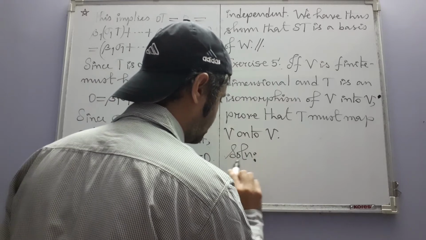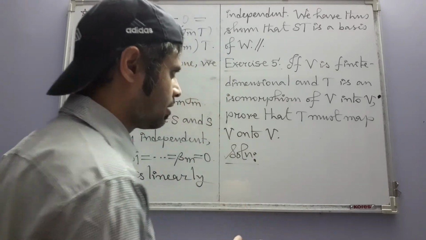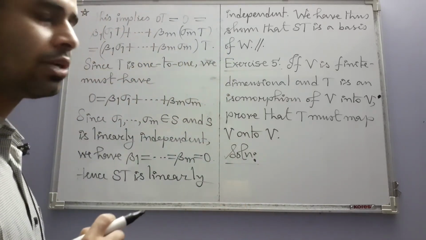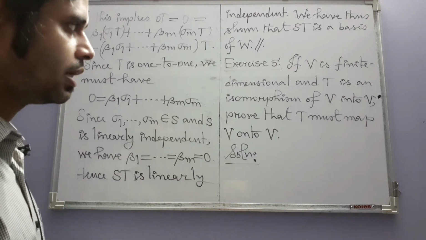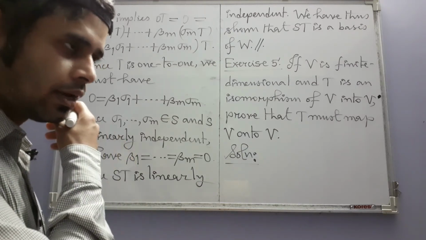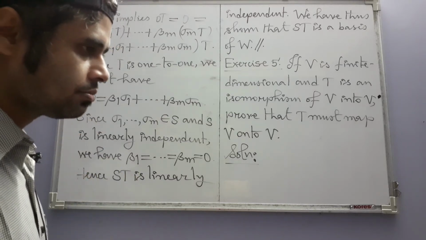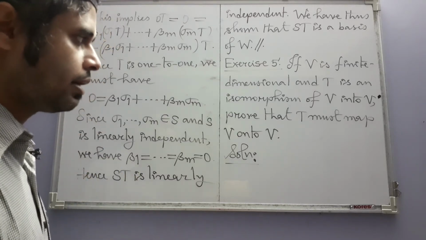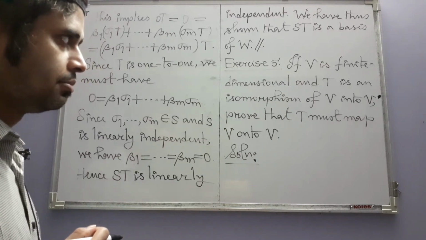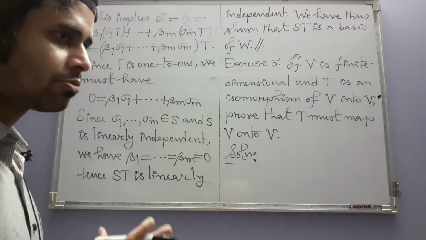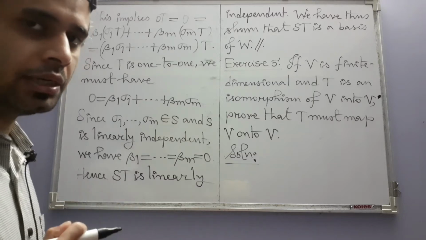So we now have an isomorphism from V into itself. That means a one-to-one homomorphism. We have to prove that T is onto. And in this regard, I want to say something else. In different algebra texts, this term isomorphism may have different meanings.